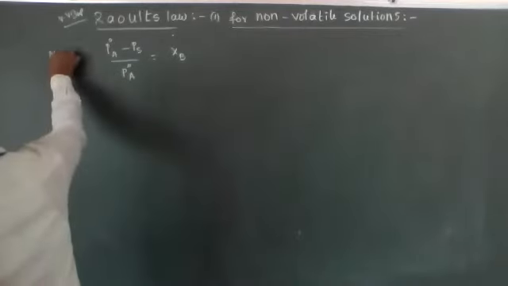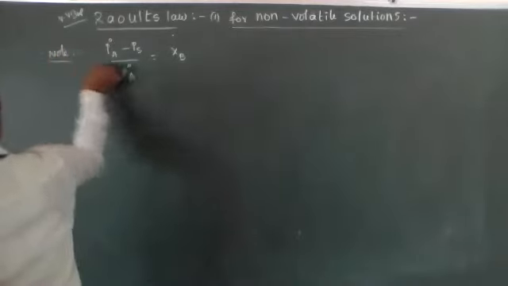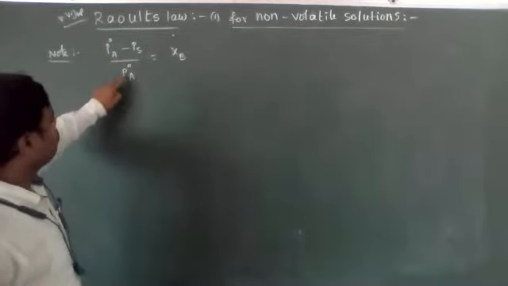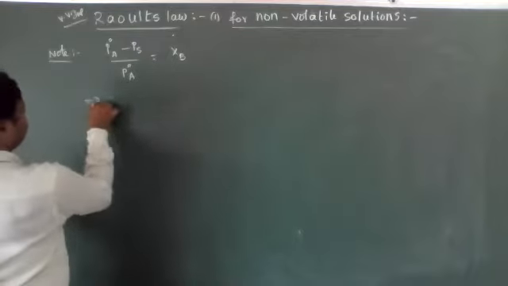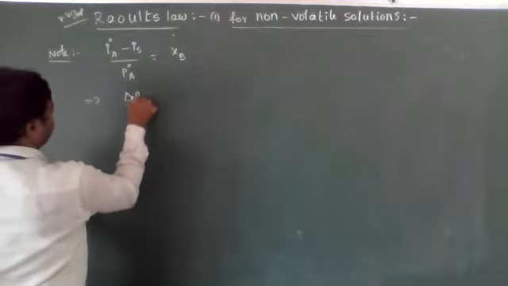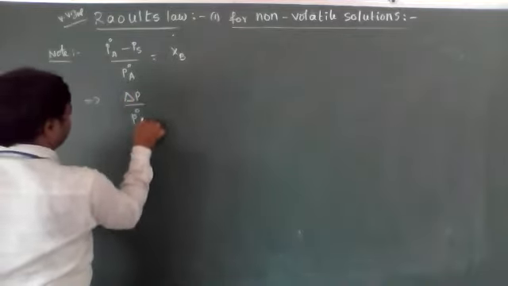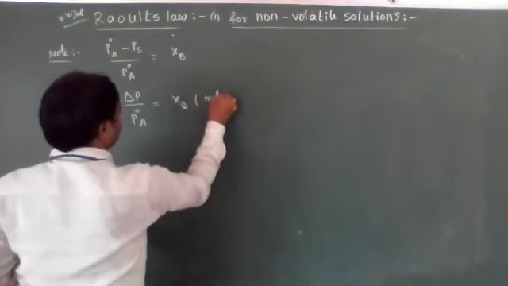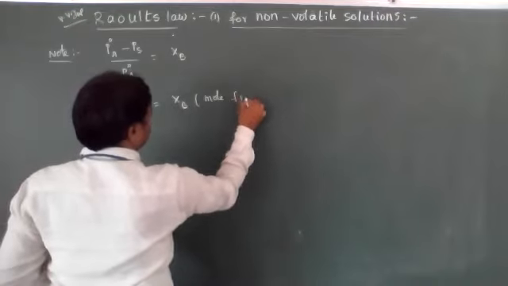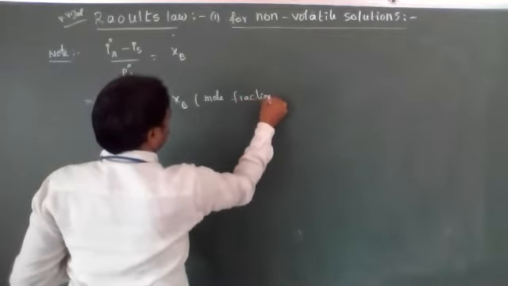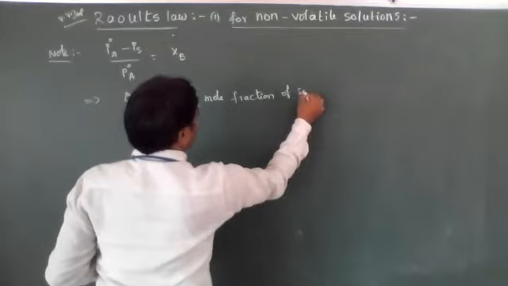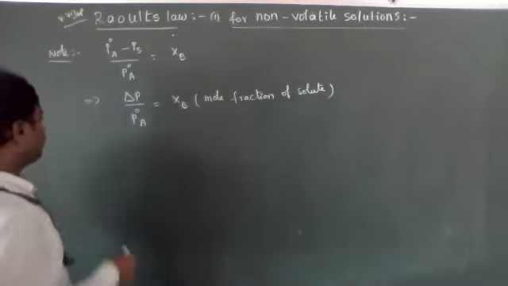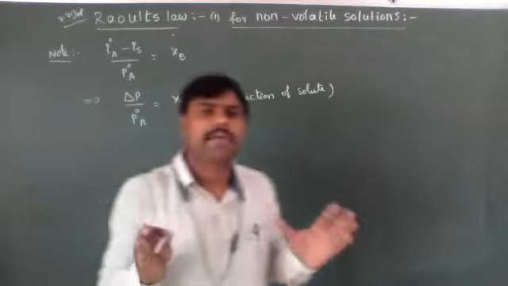Important points, note. (P naught A minus Ps) by P naught A is nothing but delta P by P naught A, which is equal to XB, the mole fraction of solute. Okay students, this is the first point. So delta P is nothing but the lowering of vapor pressure.